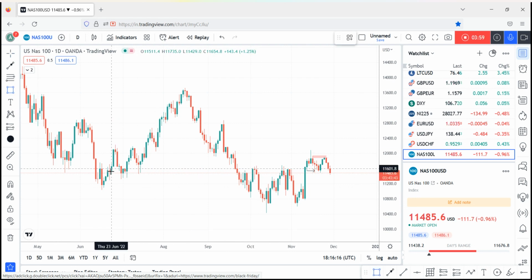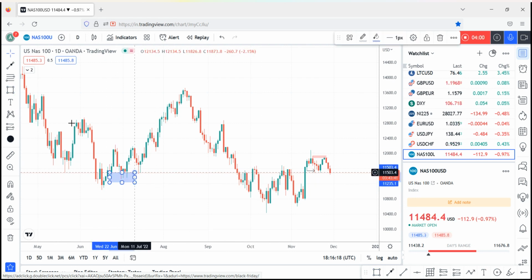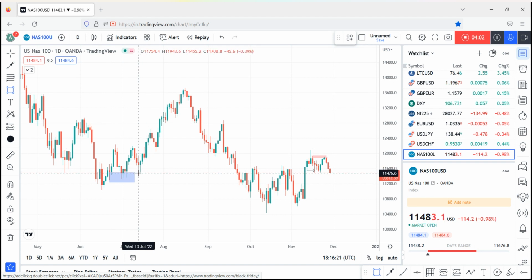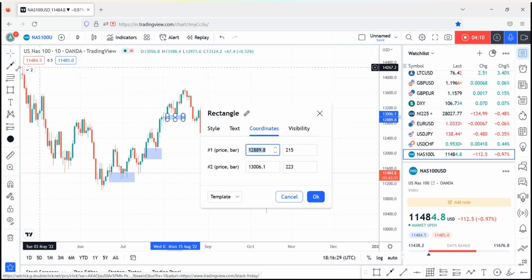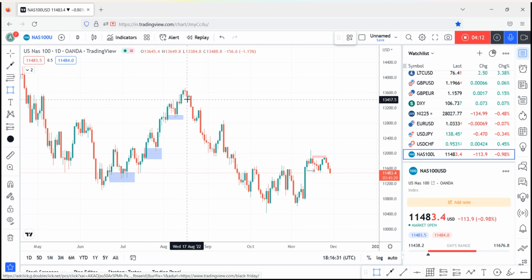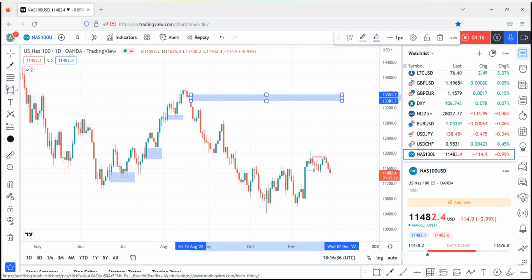Price is bullish, price just went up, mitigated by this zone and went down. Price just went up, broke structure and mitigated by this zone. Price just went up, mitigated by this zone, right? So this is a zone that still remained unmitigated.